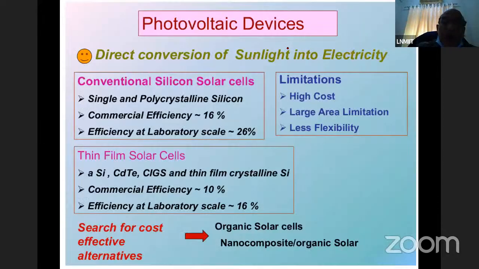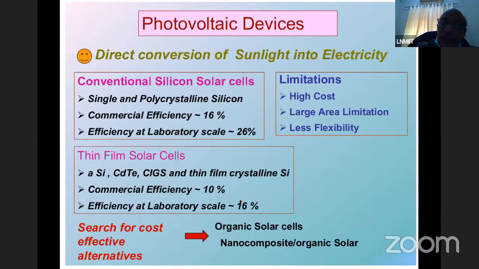Now, photovoltaic technology first came as the conventional silicon solar cell. The efficiency was about 16% for commercial application and 26% at laboratory scale. Then thin film technology came, using thin film crystalline silicon and other inorganic semiconductors. The efficiency was about 16% at laboratory scale and 10% at commercial scale.